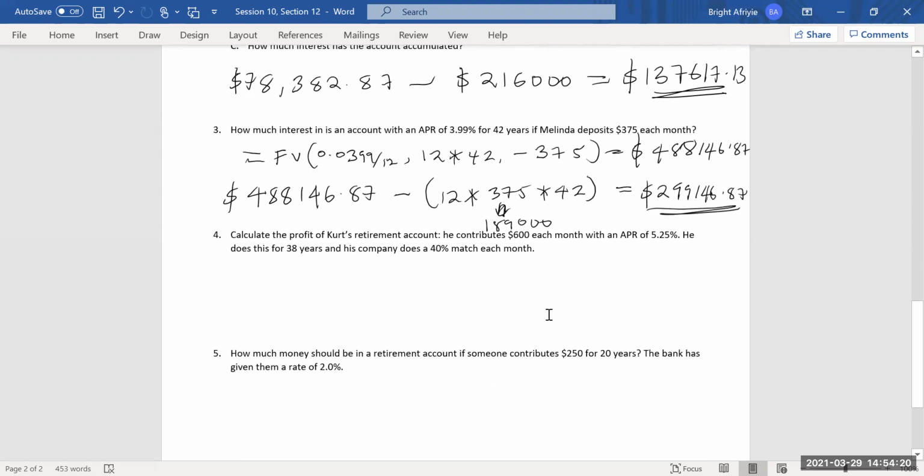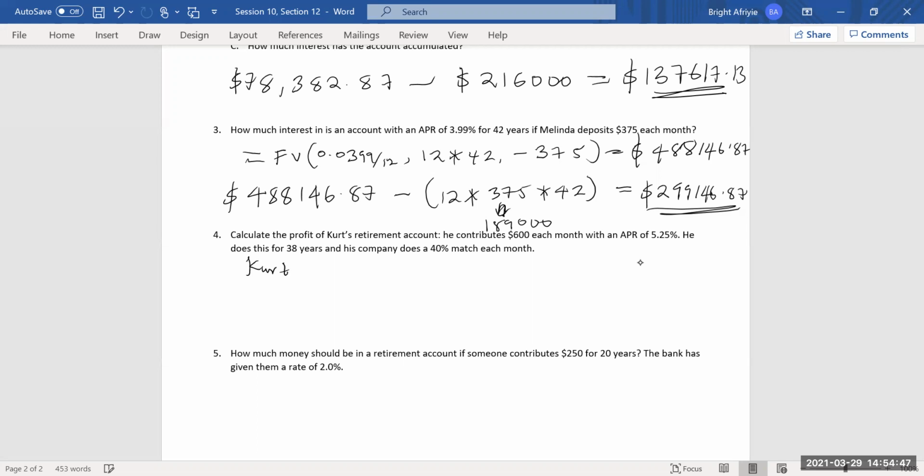Now, number 4, you want to find the profit of Kat's retirement account. He contributes 600 each month with an APR of that. He does this for 38 years, and his company does a 40% match. Okay, so his company, Kat's company, does 40%. So let's look at Kat's contribution.